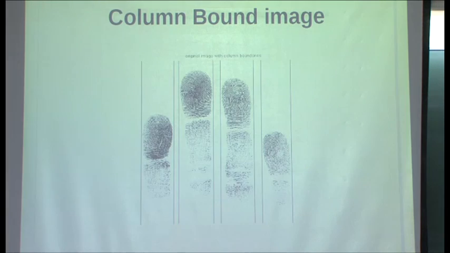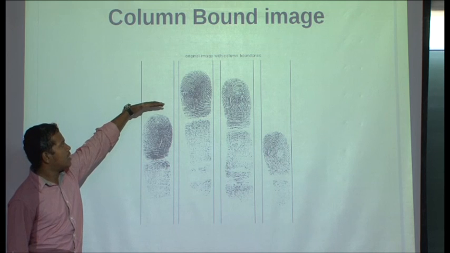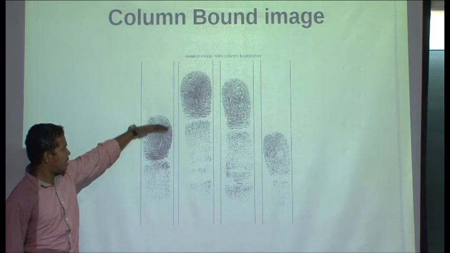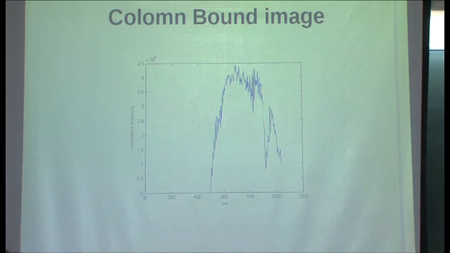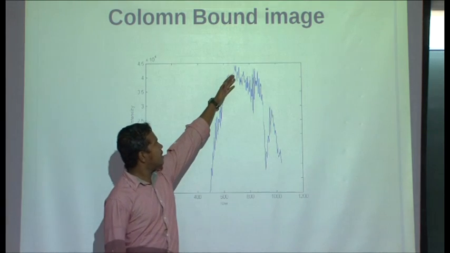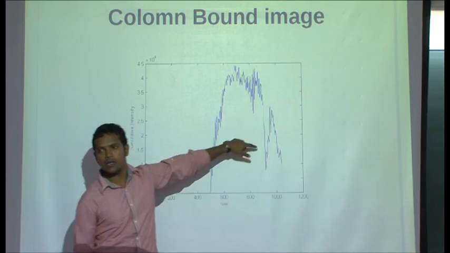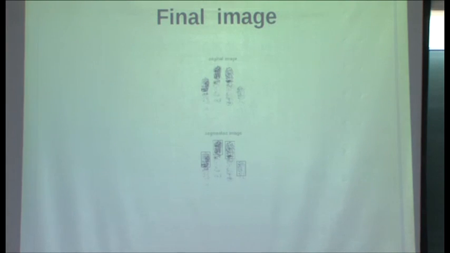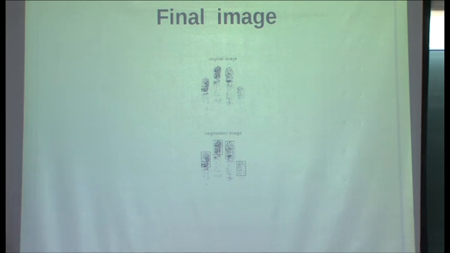Then for each column I scan this way and get the start of the finger and its intensity. This is the start of the finger, and the intensity reduces. There is a variation, so I need to find this, the exact knuckle point. I've just tested it only on 5.